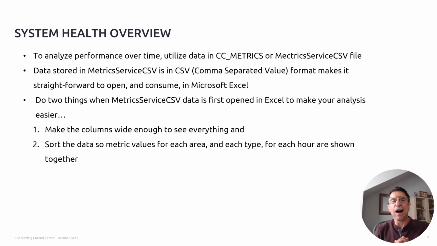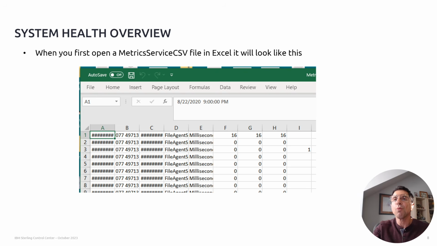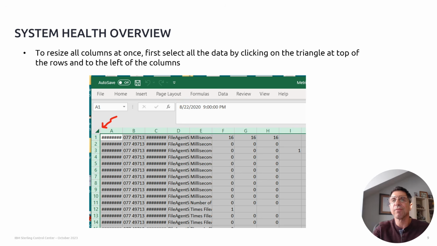I'm not an Excel spreadsheet expert by any means at all, but I thought I'd share a few tricks that I learned. One, when you first open the metric CSV file in Excel, it always looks weird. You know, column A, a bunch of hashes, column C, a bunch of hashes. I'll show you how to fix that.